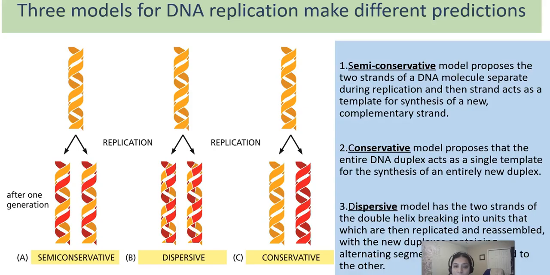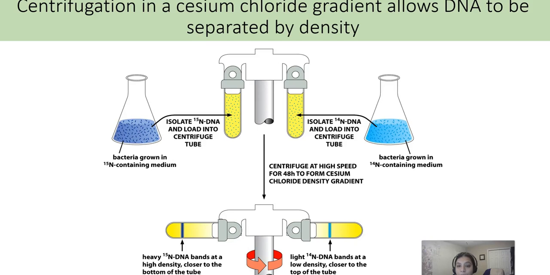If you had the dispersive model, you would get a single band, which is neither at N14 nor at N15. And if you had a semi-conservative one, you would also get a different banding pattern.